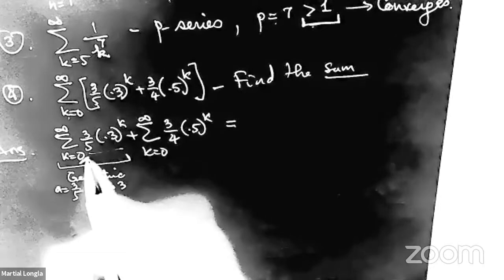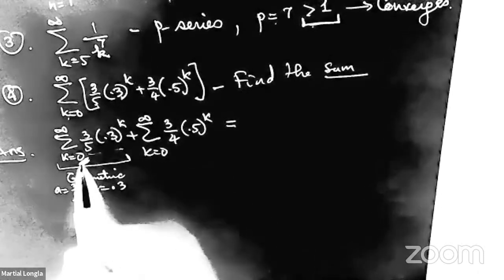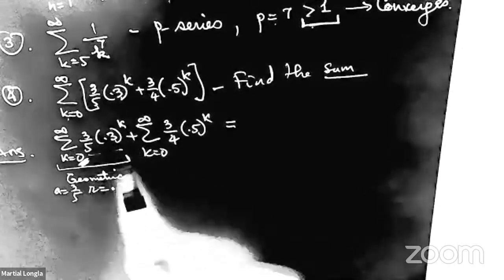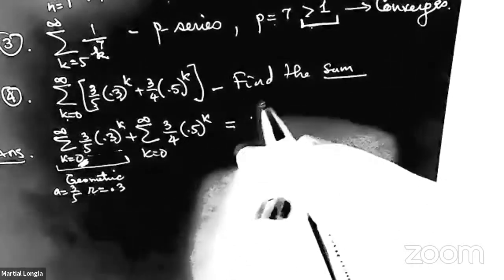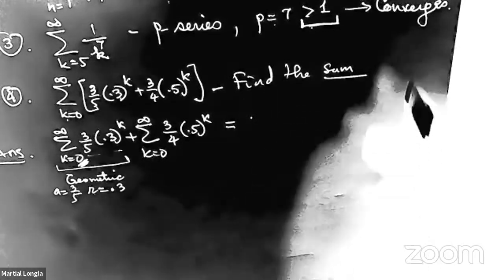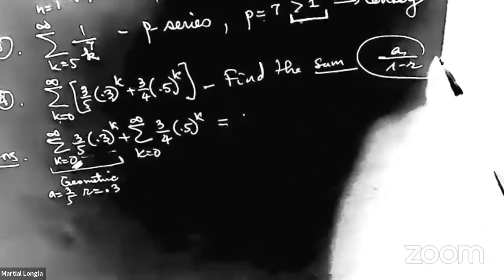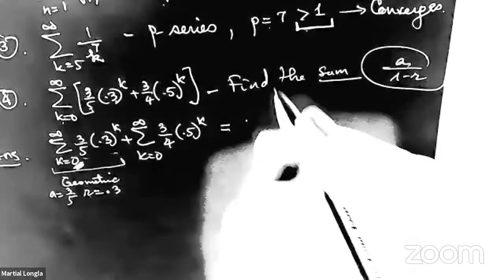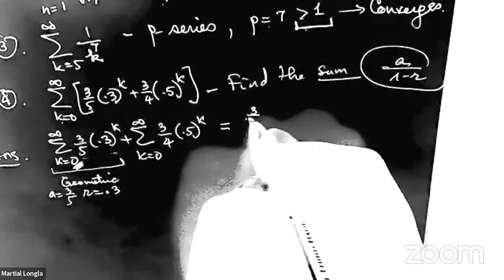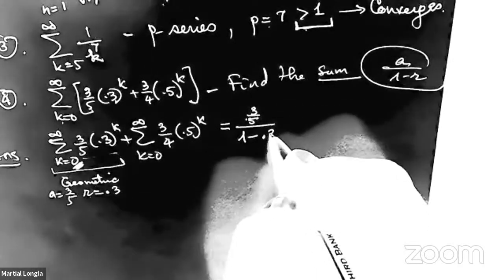You be very careful with the place where you start your sum. When the sum starts at 0 and it's power k, then the sum of a geometric series is A over 1 minus R. So the formula that is used here is that formula, A over 1 minus R. For this one, A is 3/5 over 1 minus R, which is 0.3.